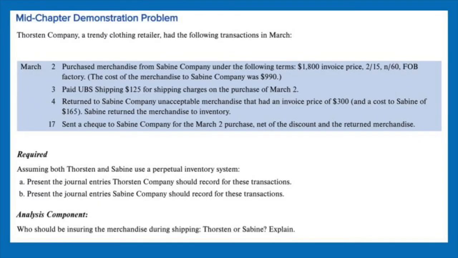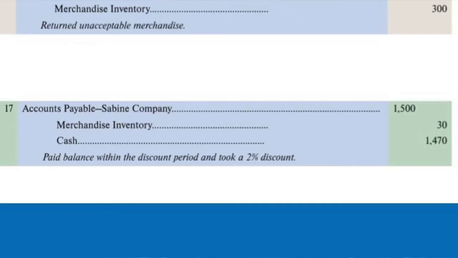And finally, we pay for the product. The accounts payable was $1,500, and we debit that, and we credit merchandise inventory for $30, which is the sales discount, and we credit cash for $1,470.